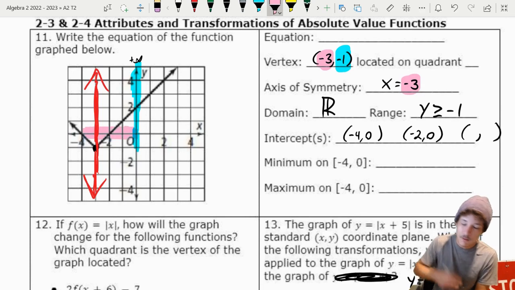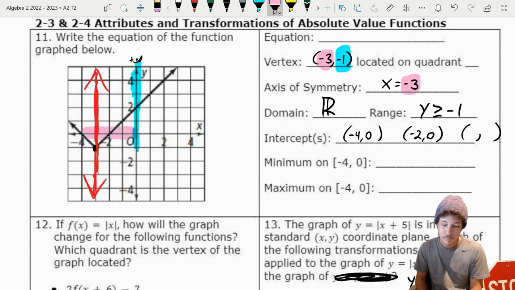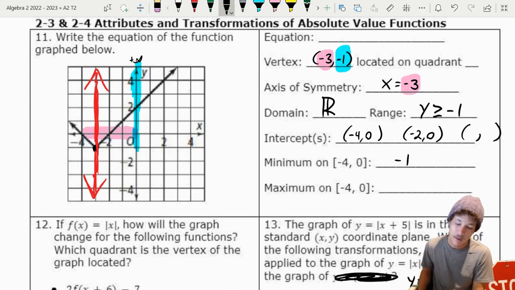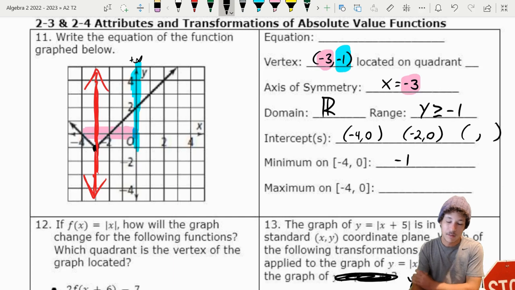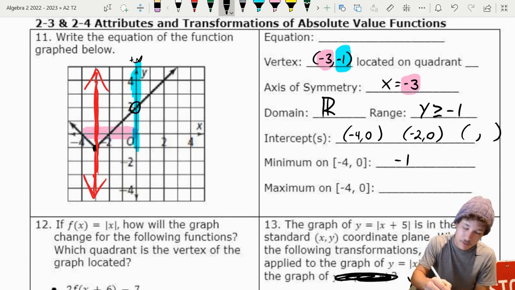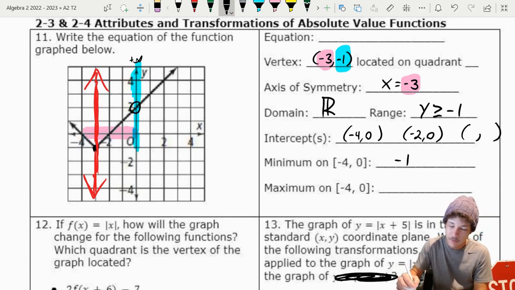So we're looking at this interval right here. The minimum would be the vertex. So the minimum is just going to be -1. That's the lowest value of y in that interval. The maximum value of y in this interval is going to be up there at the y-intercept, which is right here. The maximum value of y in this interval is 2. Moving on.